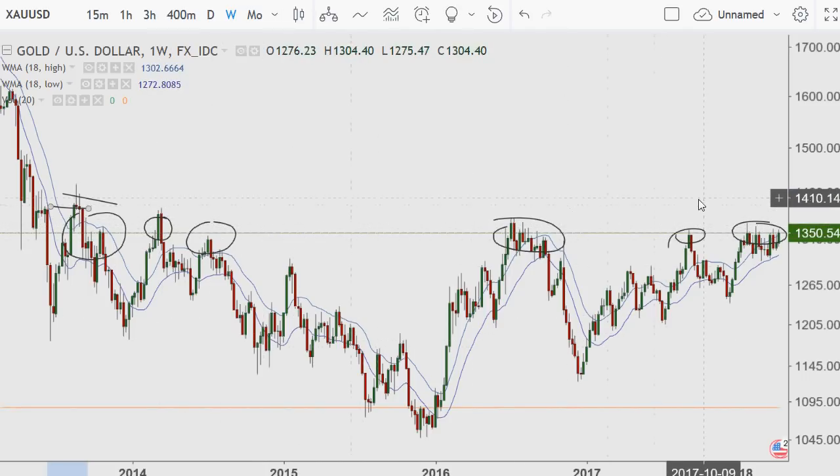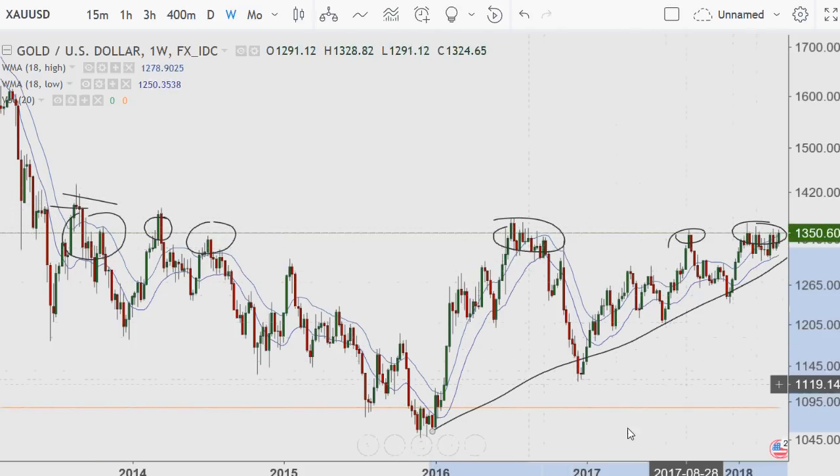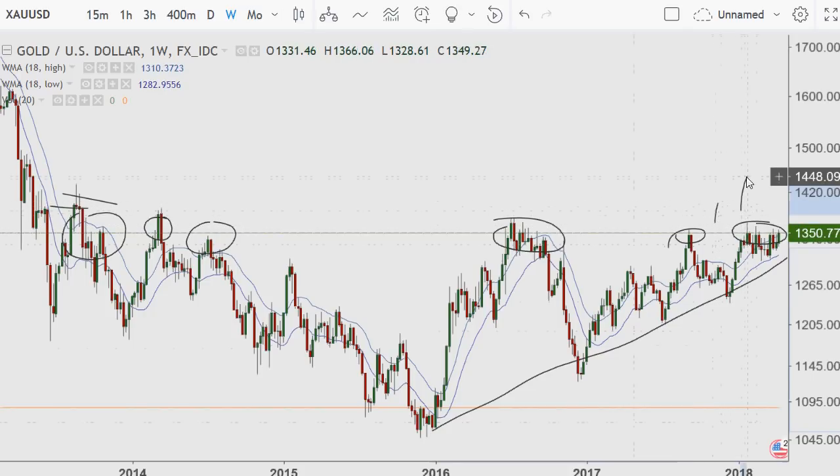And when you have a spot like this with massive resistance, this obvious uptrend line, and you have this break above it, the moves can be mind-boggling when you have that occur. It almost is set up right now to have a decent size move.